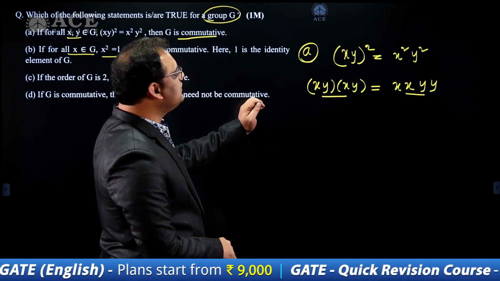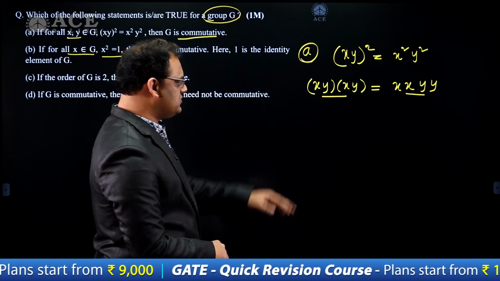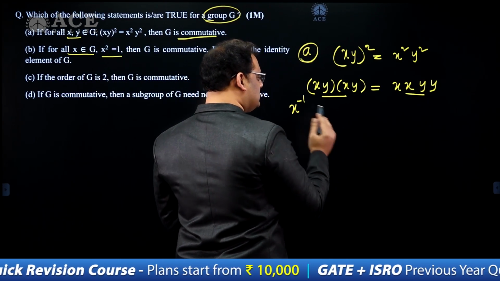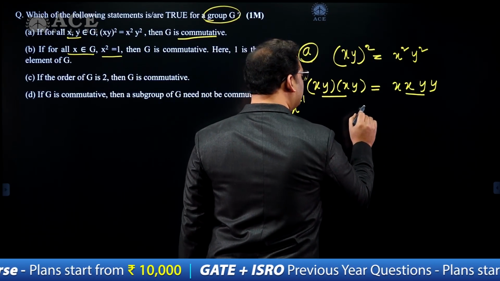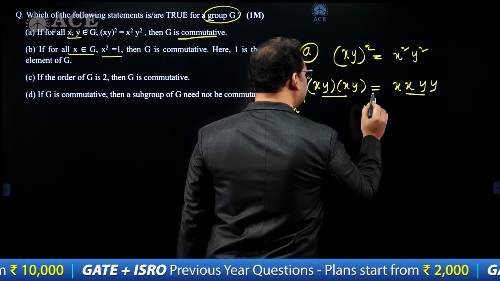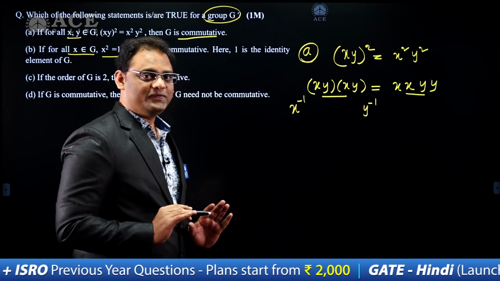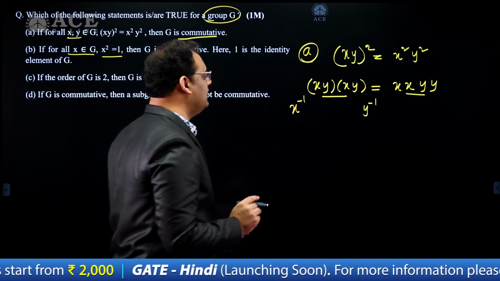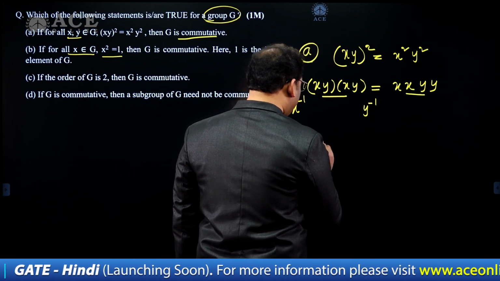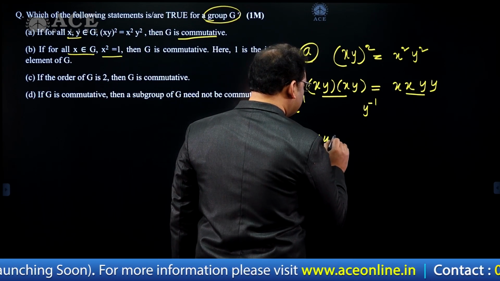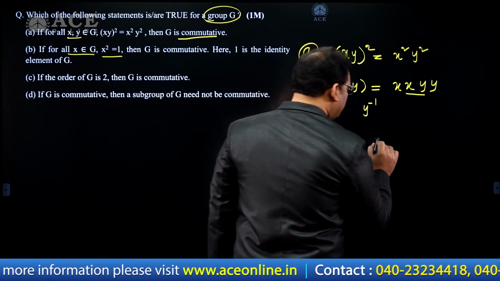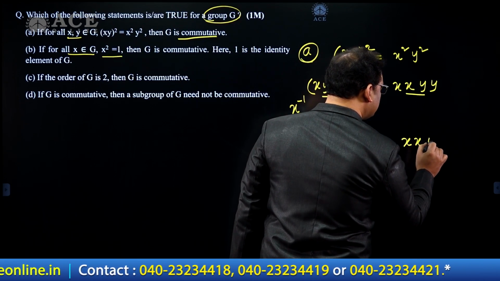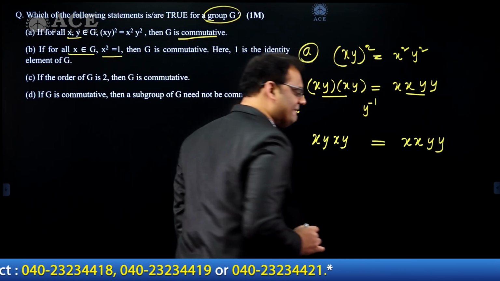So the problem with this x and y, let us operate in this way. I want to operate with x inverse on the left side and y inverse on the right side. I can balance the step by taking both ways, don't worry about that. The above statement is xy star xy, which is equal to x star x star y star y.